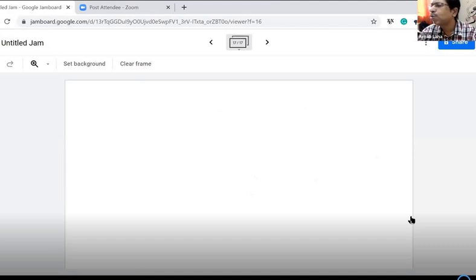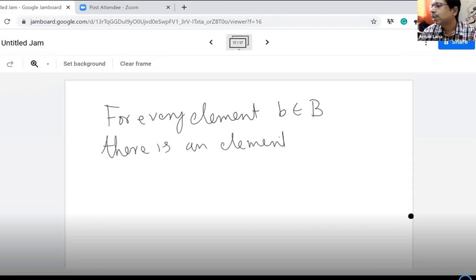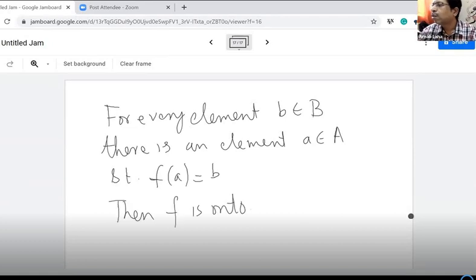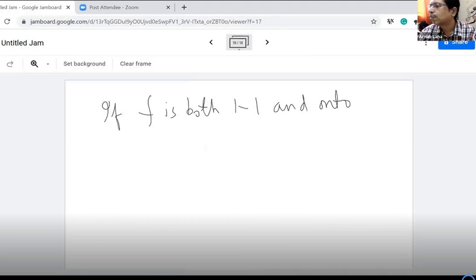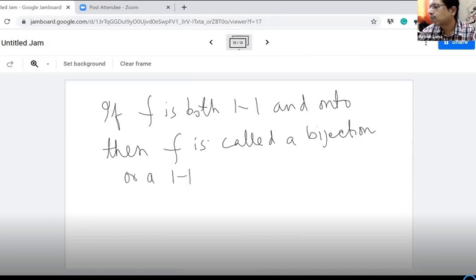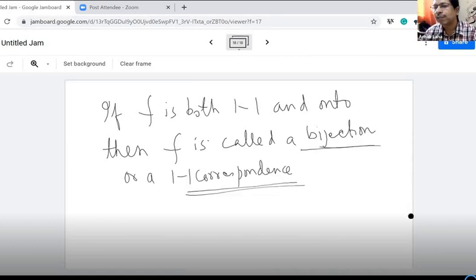For every element small b in capital B, there is an element a in the domain such that f of a is equal to b. If a function is one-one and onto, it is called a bijection or one-one correspondence. That means it is an injection as well as a surjection.